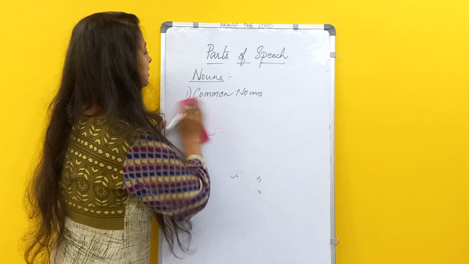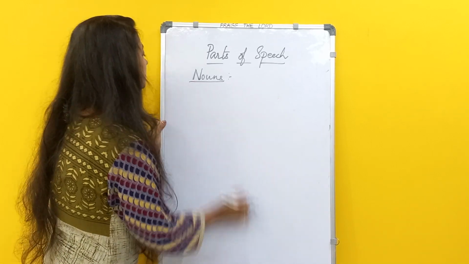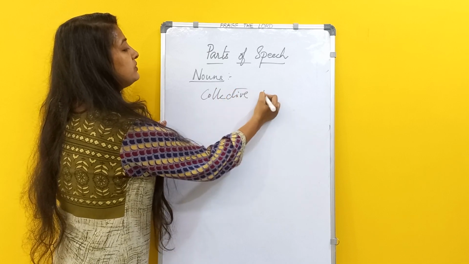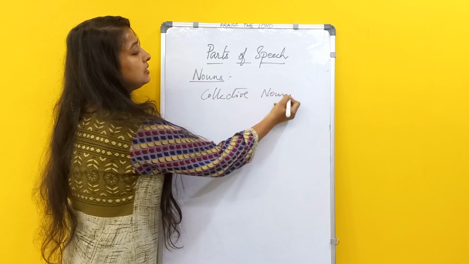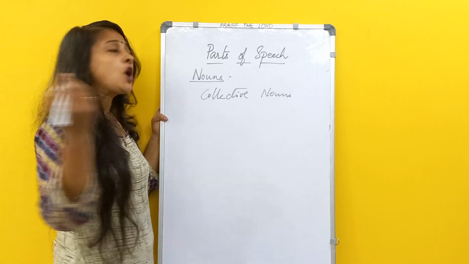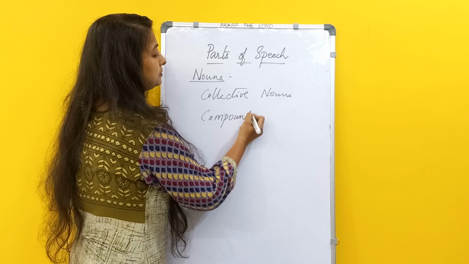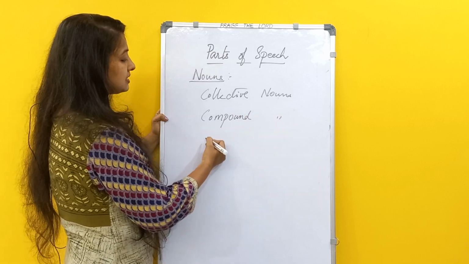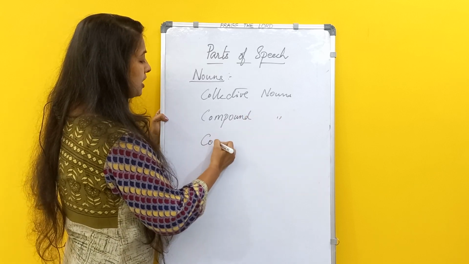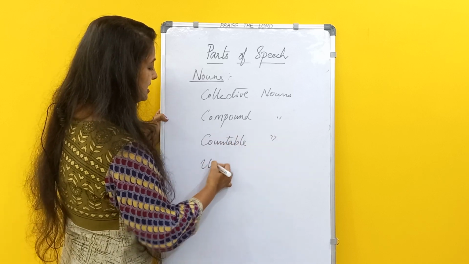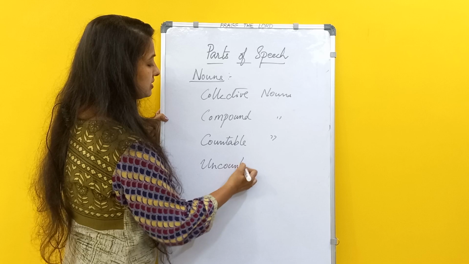I don't think whether it will be visible or not. I'll write them here. Collective nouns. Okay. Then compound nouns. Next, countable nouns and uncountable nouns.